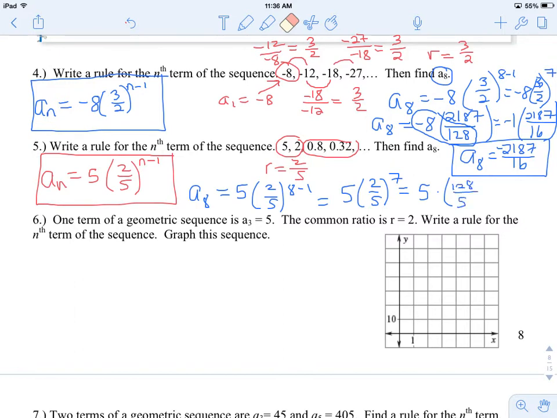I'm going to leave the bottom as 5 to the 7th so that I can see how I can reduce these. I can divide out one of the 5s and make it 128 over 5 to the 6th power, which would be 128 over 15,625.